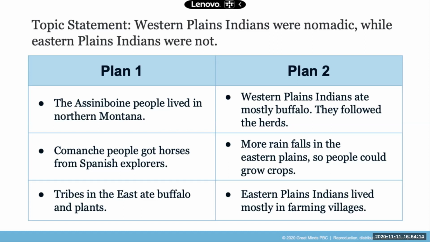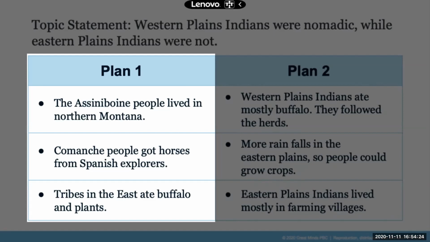I'm going to read the points aloud in Plan 1, and then I would like you to pause so you can read them aloud. Ready? Here we go. The Assiniboine people lived in northern Montana. Comanche people got horses from Spanish explorers. Tribes in the East ate buffalo and plants.